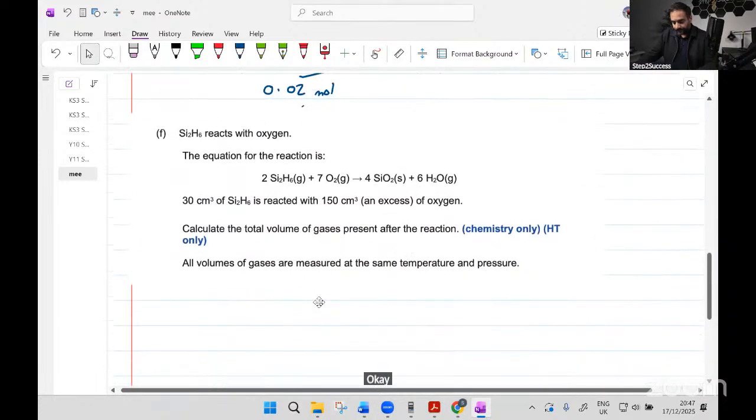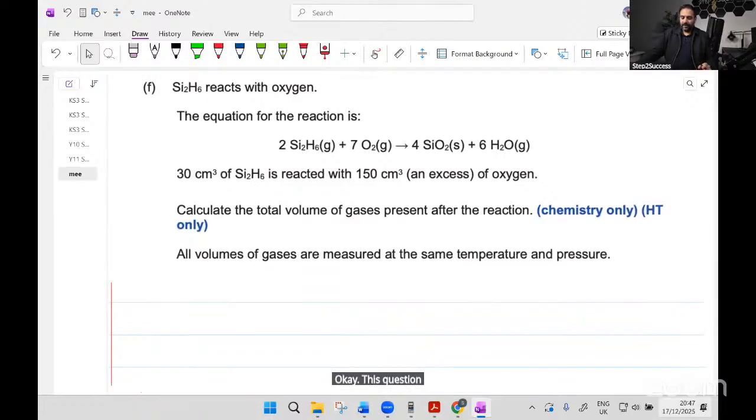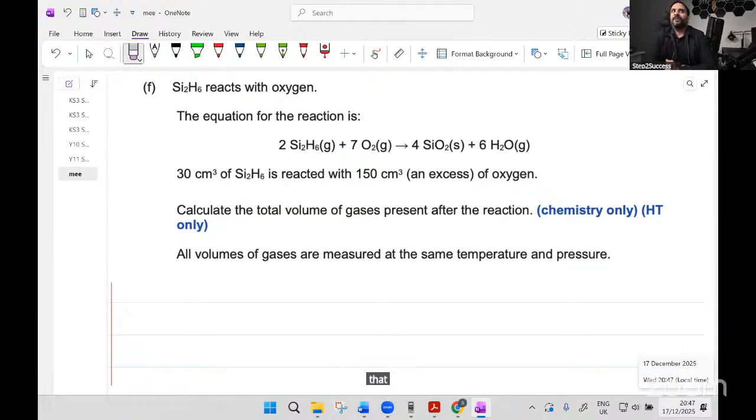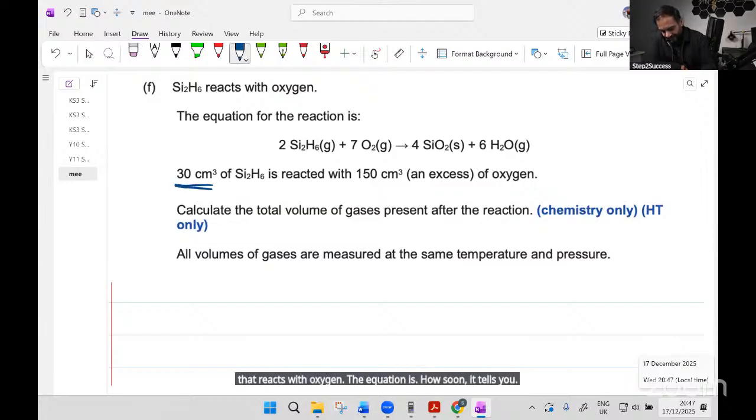Okay. This question says that we have this substance, I don't even know what it is, silicon something, that reacts with oxygen. The equation is as shown.